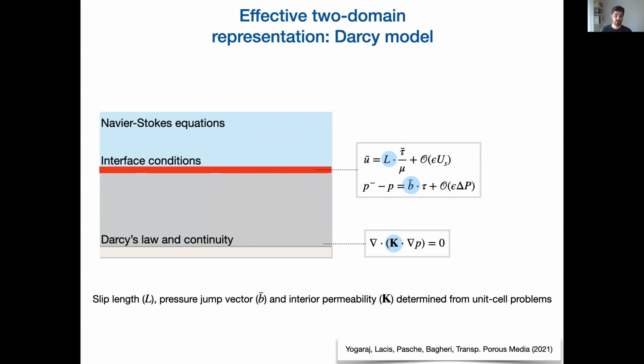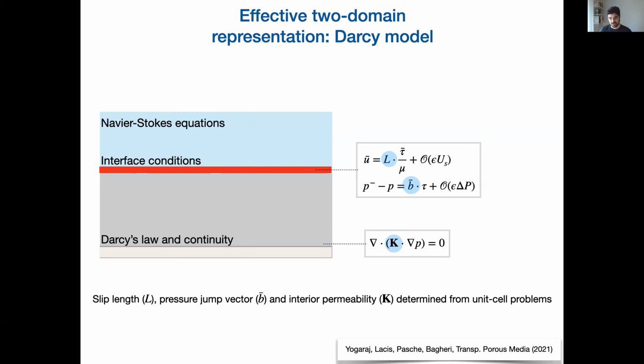And between Navier-Stokes and Darcy's law, you need to have some boundary conditions, which we call interface conditions, shown here in red. These interface conditions can be determined, and they basically consist at the leading order of a slip boundary condition for the tangential velocity components and a pressure jump condition for the pore pressure.